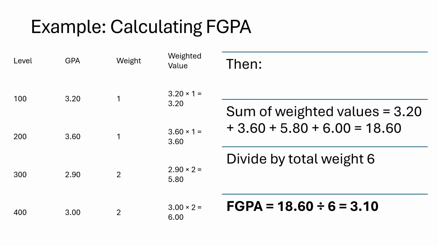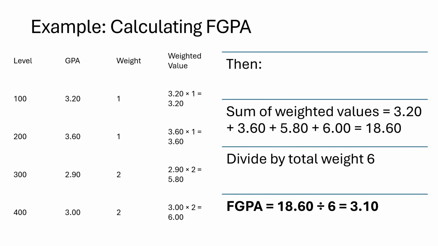You're going to pick them one after the other. So you pick level 100, let's assume it is 3.20, as you've done for Mr. Danopoku. We write it there. Level 200 is 3.60 times 1, which gives us 3.60. Level 300 is 2, level 400 is 2.